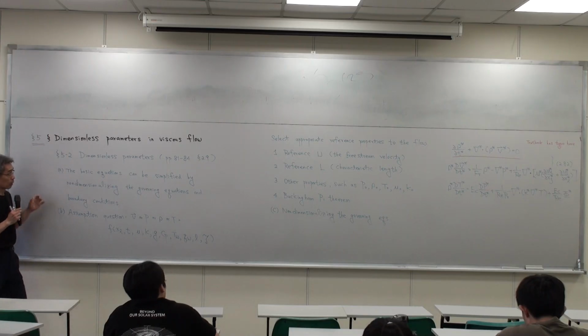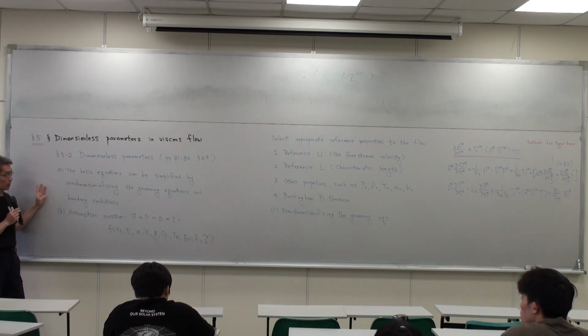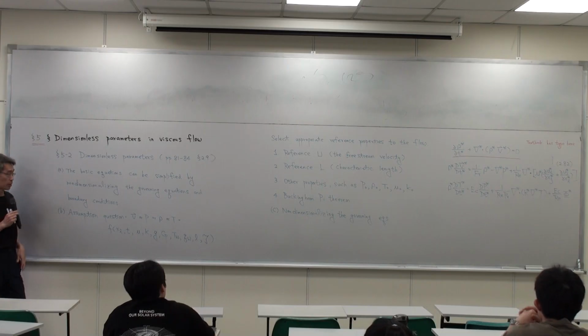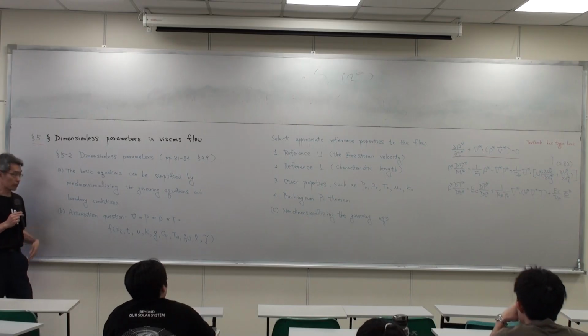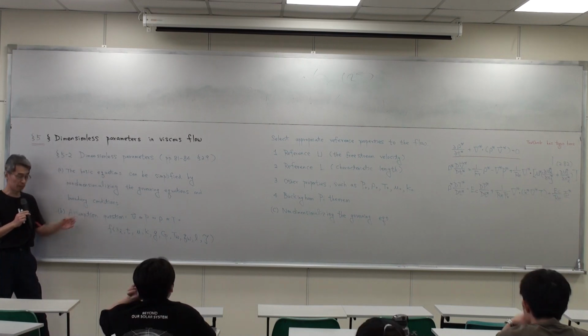Okay, so for the general Gaussian equation and the boundary condition, in many of the cases, we will use dimensionless parameters. So first, what is the difference between the Gaussian equation and the boundary condition?